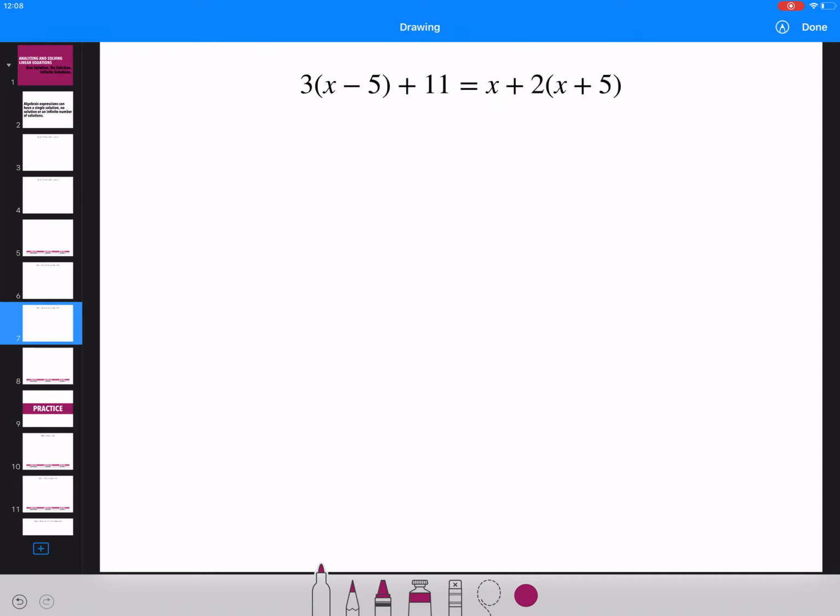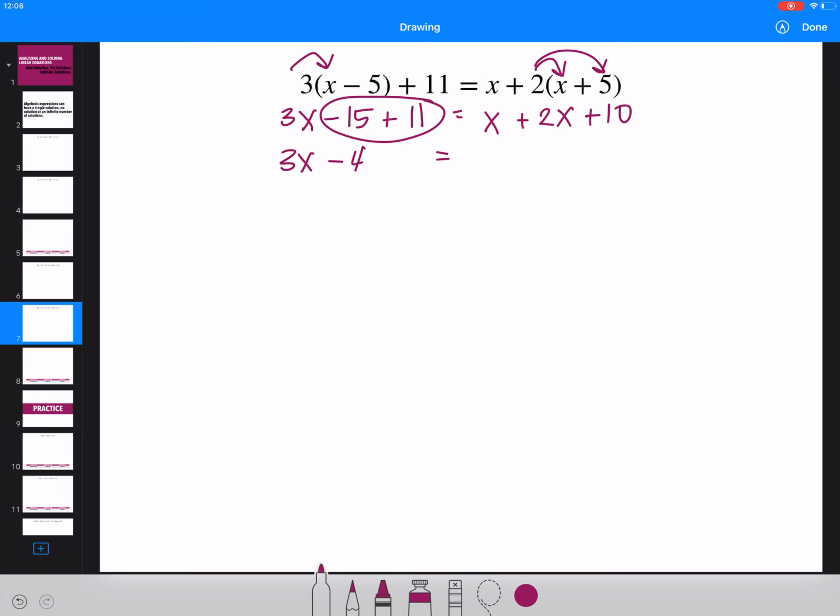I'm going to solve it another way. We're going to distribute this side first. So we have 3x minus 15 plus 11 equals x plus, and I'm going to distribute here again, 2x plus 10. So this time, I'm going to combine these. 3x minus 4 equals 3x plus 10.